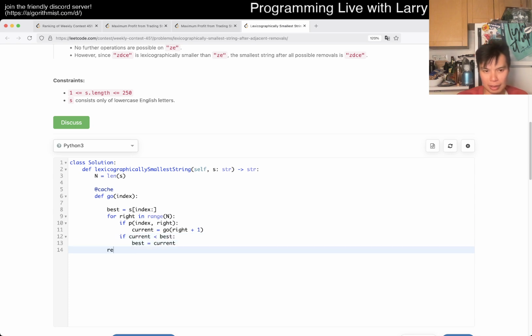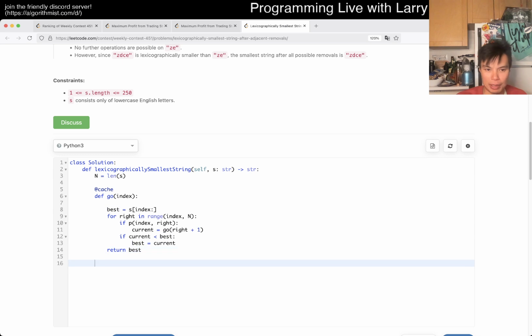I don't know if this is right, but can I do it something like that? If it's possible from index to right, and this is from index, of course, inclusively, then yeah, then we can go to the next one. Okay, and that's the substring.